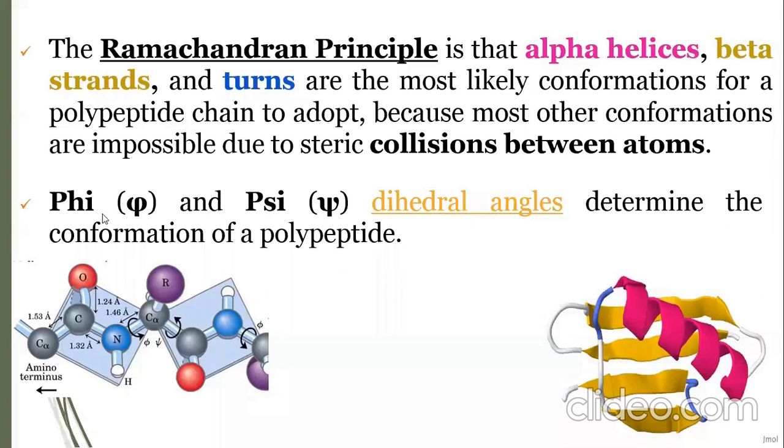But how do we determine the phi and psi angles, the angles of the bonds between carbon-carbon and carbon-nitrogen? Let's talk about them.